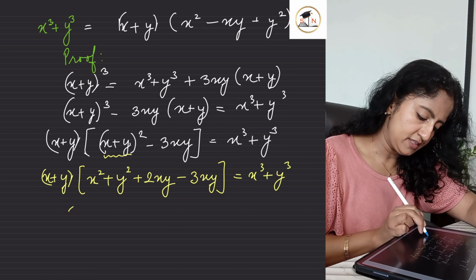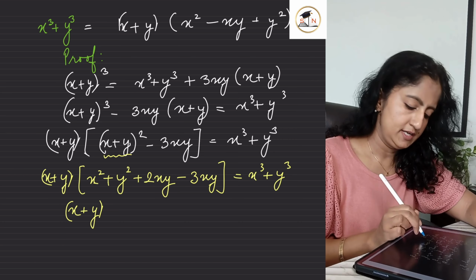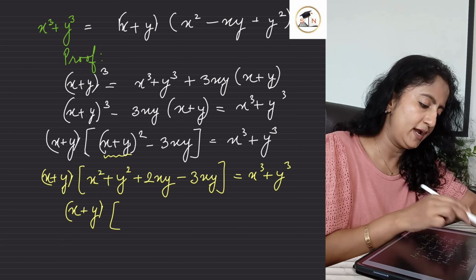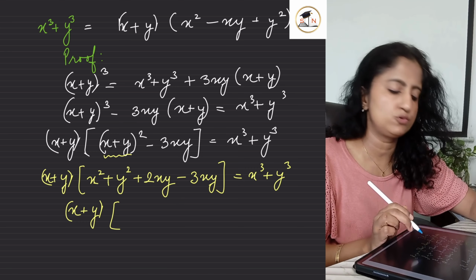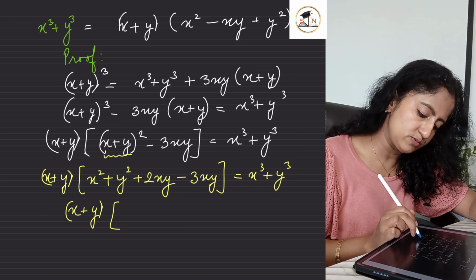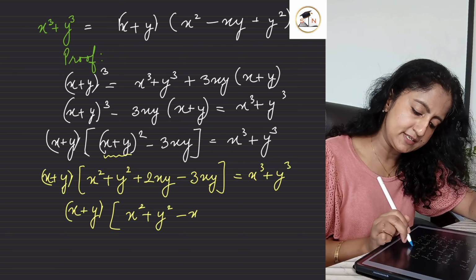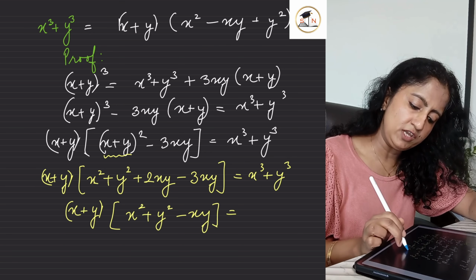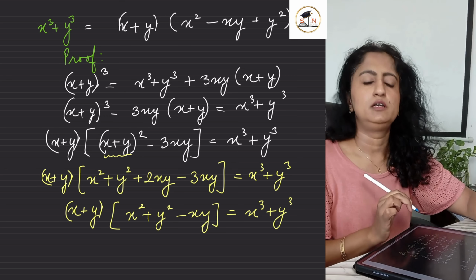Now, the expansion finally we are getting is x plus y in the outer bracket. In the inner bracket, what do we have? 2xy minus 3xy. We can simplify these two terms. That leaves us with x square plus y square minus xy. And hence, we got the expansion that we had written on top, right?